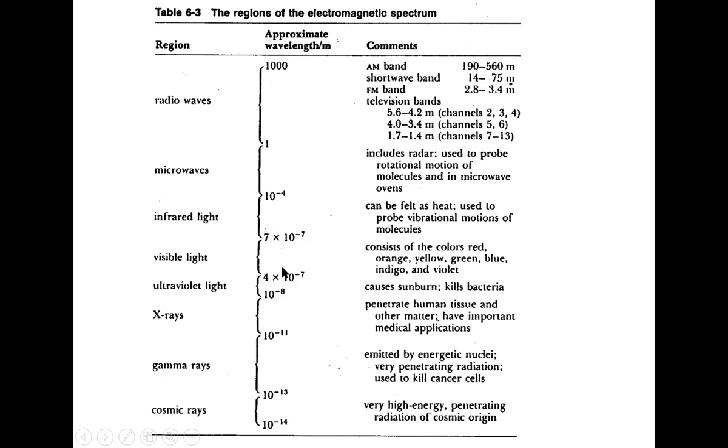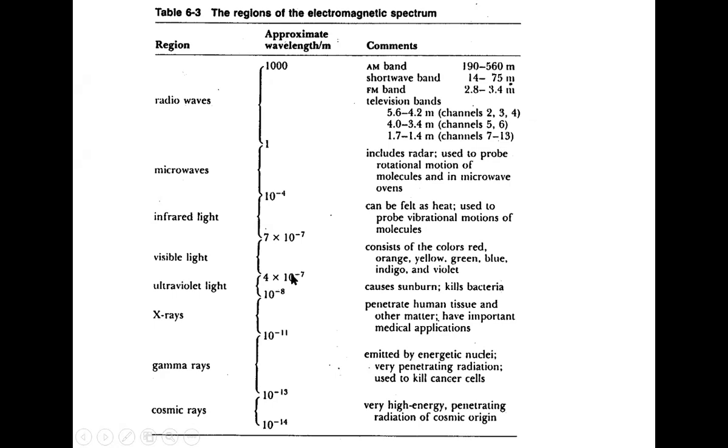You can see the visible light, which we see, and you can actually notice 7 times 10 to the minus 7 all the way to 4 times 10 to the minus 7. And you can change those meters to nanometers, right? For example, 7 times 10 to the minus 7 all the way to 4 times 10 to the minus 7 is about 3 orders of magnitude, about a 1,000 range.